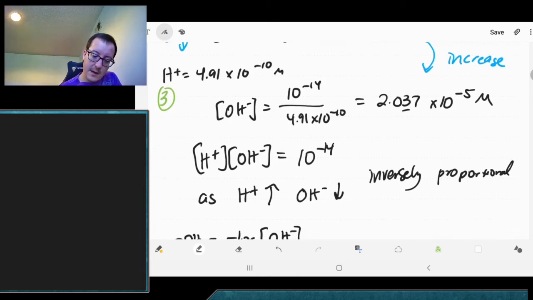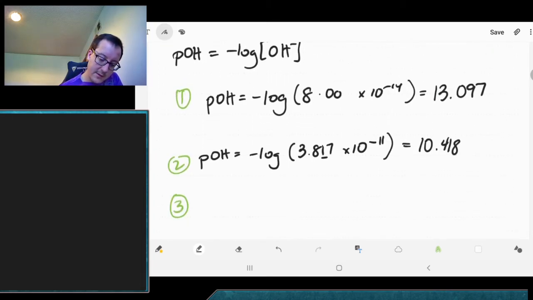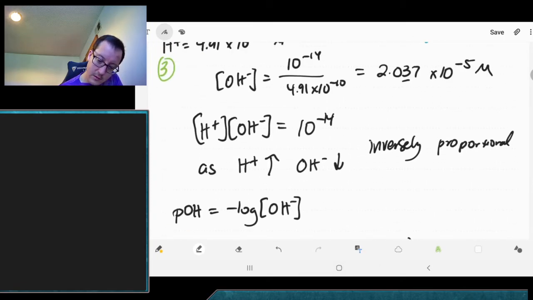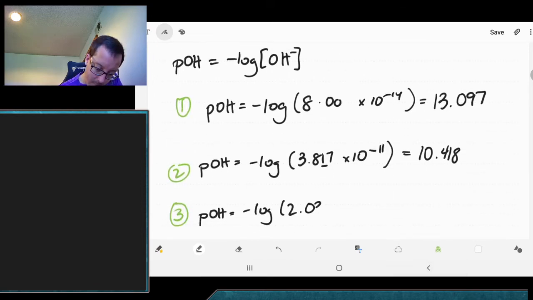This one too, and our last solution, 2.037 times 10 to the negative 5. Sorry to have to keep scrolling up and down, but we must get these values. Okay, we're going to see something cool with these. 2.037 times 10 to the negative 5.